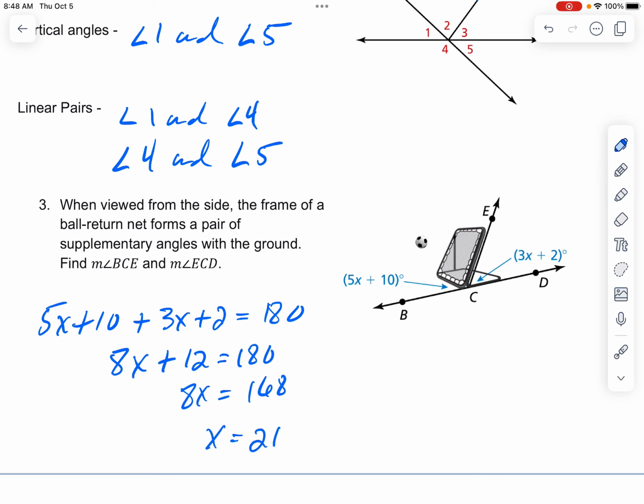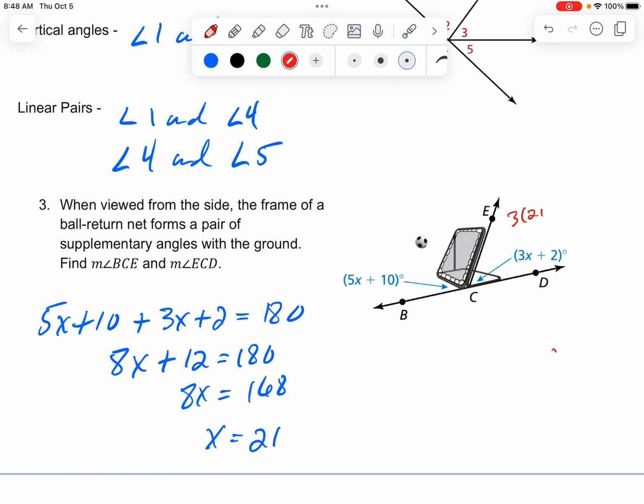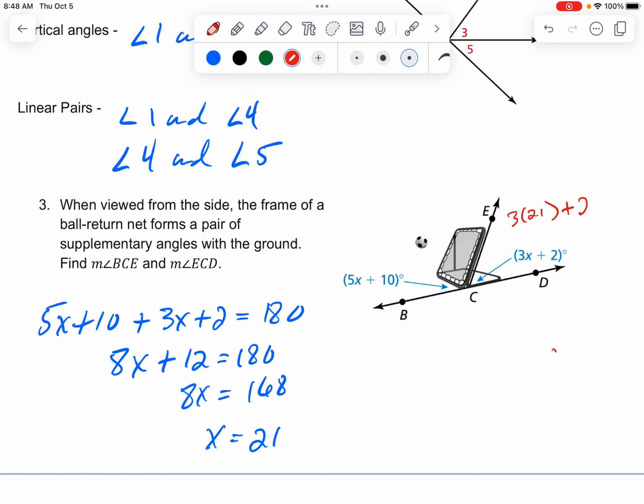X equals 21. Then if we plug that back in for x in both of our spaces, this would be 3 times 21 plus 2. 3 times 21 is 63, plus 2 is 65 degrees.